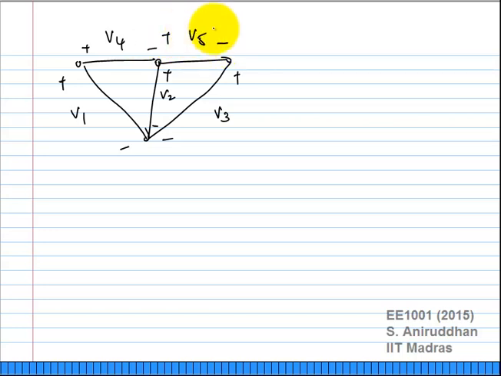Okay, I can also define the branch currents. And in what direction do I assume the branch currents? Based on the passive sign convention. The minute I draw out the voltage signs, I know which directions to choose the currents. Okay, so I have I2 in this direction, I3 in this direction, I4 and I5. Okay.